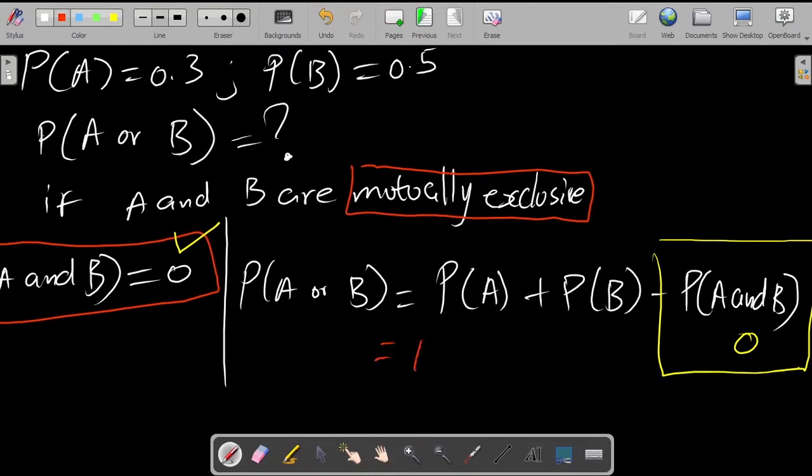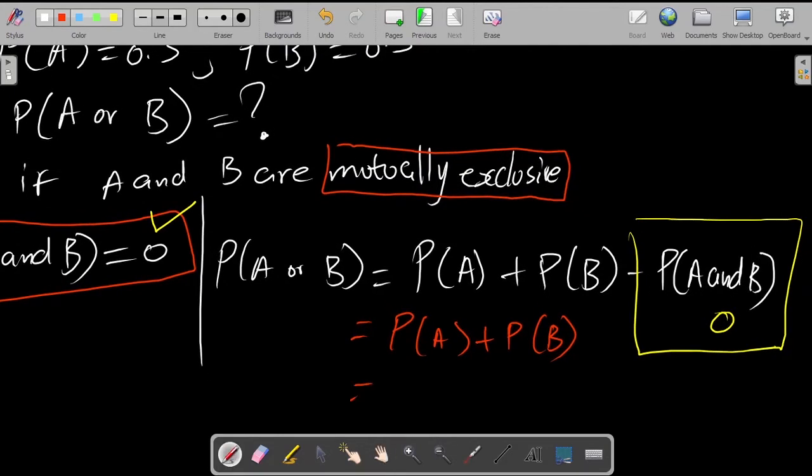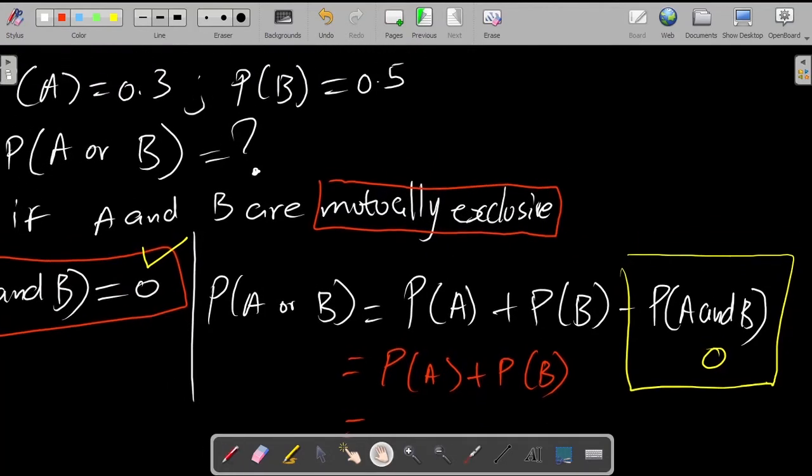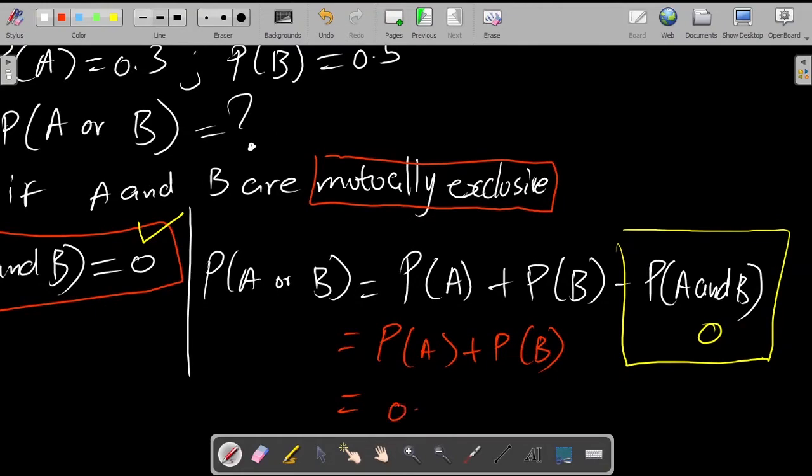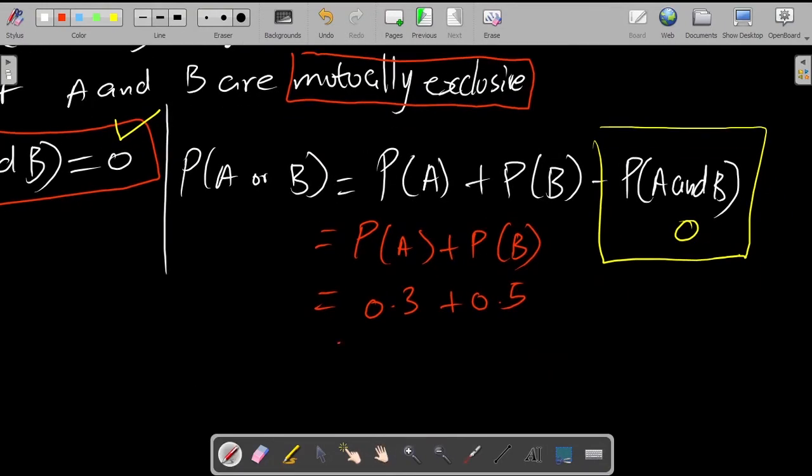Once you understand what is actually going on, you'll only do basic addition and multiplication in probability. So it's important that you know the background information so that all of this can be easy to you. So the result of that would be 0.8, and that is your answer.